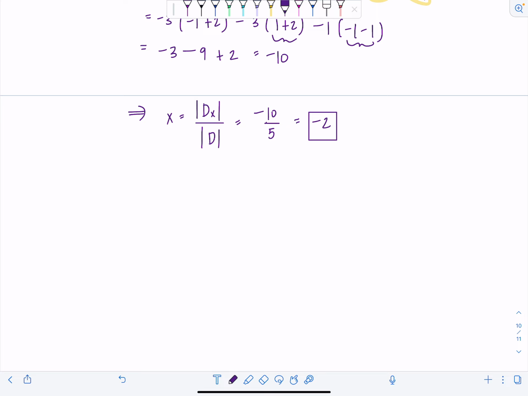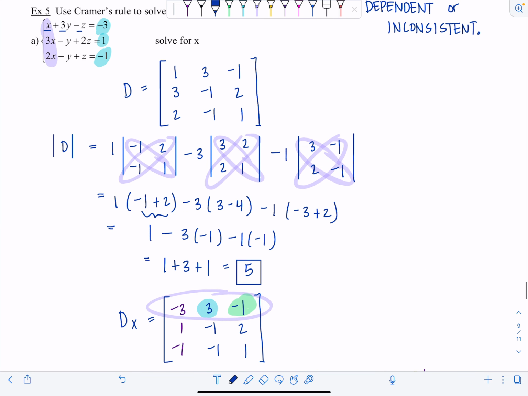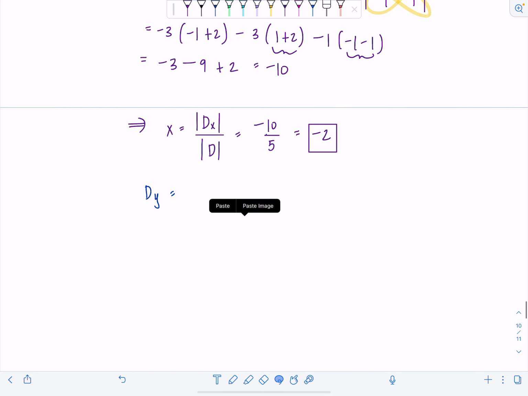So for y, I need first the matrix where, remember you take D. Where did D go? Let's go back to the original right here. Take D. Since we're solving for y this time, I'm gonna get rid of the column that contains the coefficients of y.